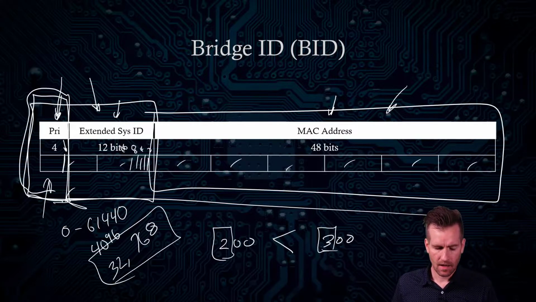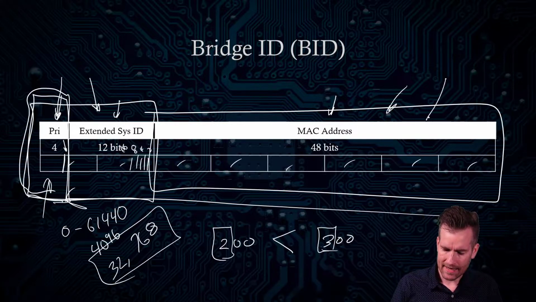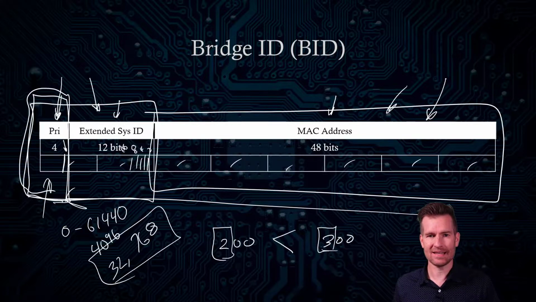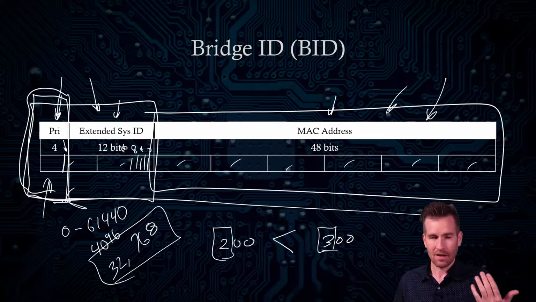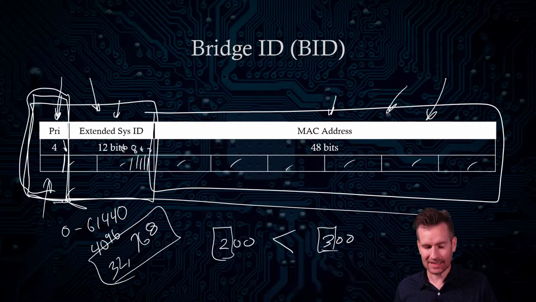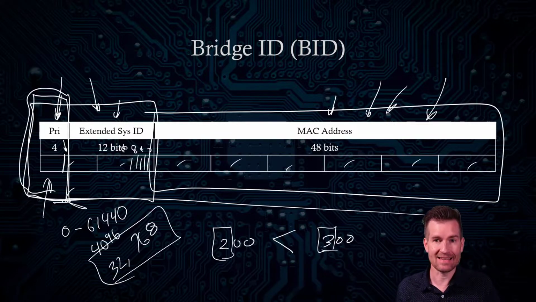Now, one of the reasons we get the MAC address in there is that since there is a default, there's a good chance that a lot of these switches have the same priority level because of the default of 32,768. So it needs a tiebreaker, and we know that the MAC address is unique.